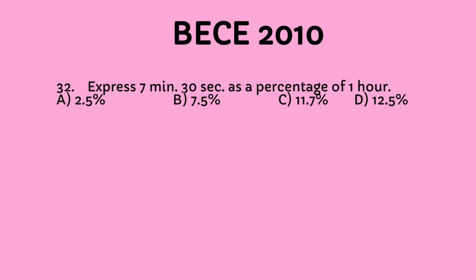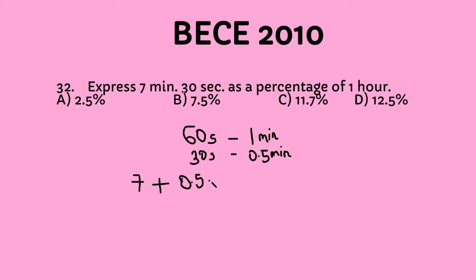32. We are to express 7 minutes 30 seconds as a percentage of 1 hour. First off, we're going to convert our 30 seconds into minutes. That would be 0.5 minutes, and add these 30 seconds back to our 7 minutes, giving us 7.5 minutes.